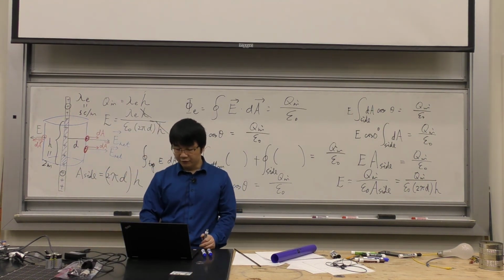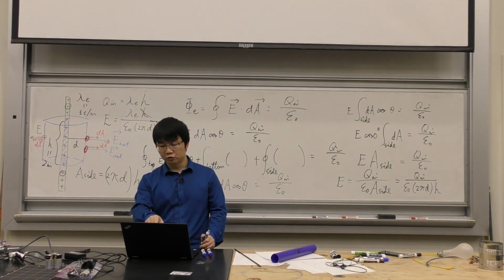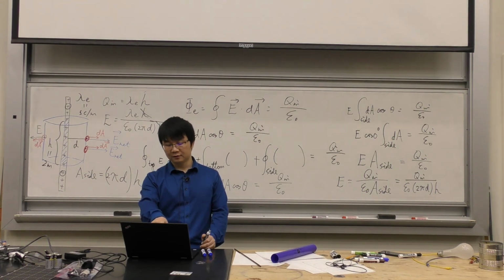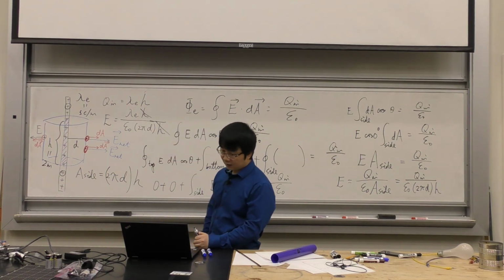Now, compare this with the conclusion we drew using the superposition principle, which is on PowerPoint 3, slide 5. We calculated the electric field from a rod, and then we took the limit. If the rod is very long, what do you get? You get 2 Ke lambda E over d.